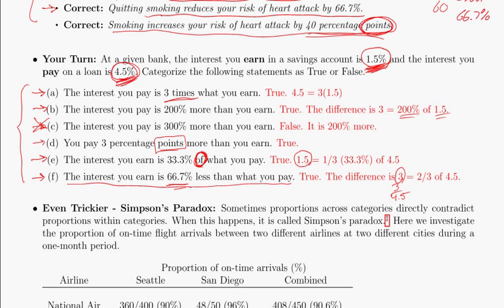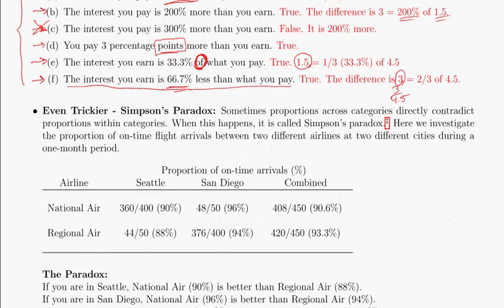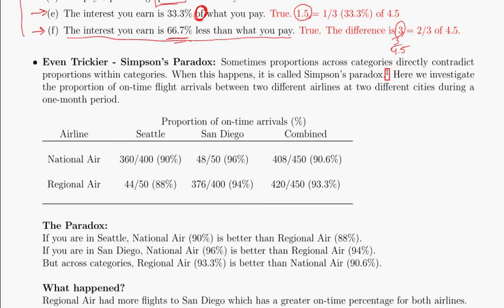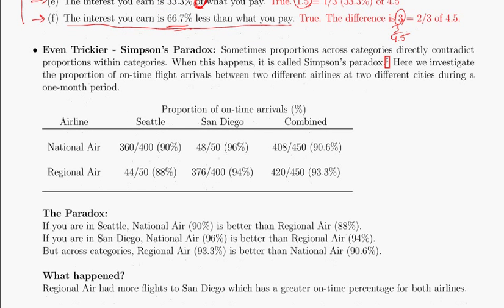Okay, and something even trickier is called Simpson's Paradox, and this happens whenever you take proportions or averages across categories. Sometimes you can come up with contradictions to the overall averages or proportions. Here's a classic example. You have two airlines, National Air and Regional Air, and you look at the proportion of on-time arrivals, right?